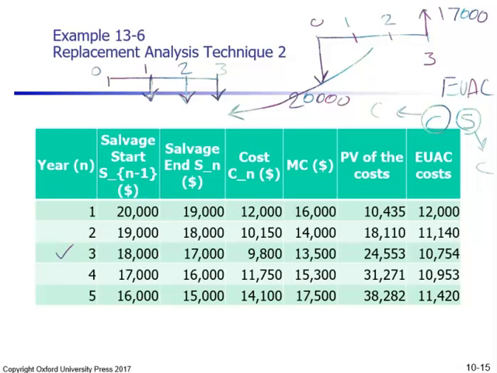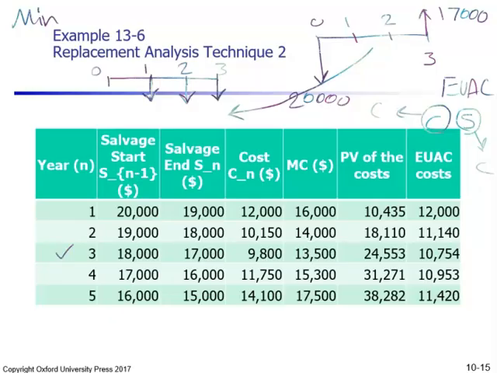After that, you can calculate the total EUAC. What's the point of calculating the total EUAC? Because you want to find the minimum EUAC. The minimum EUAC is needed to find the minimum cost life that we are going to use in comparing Defender with the Challenger.